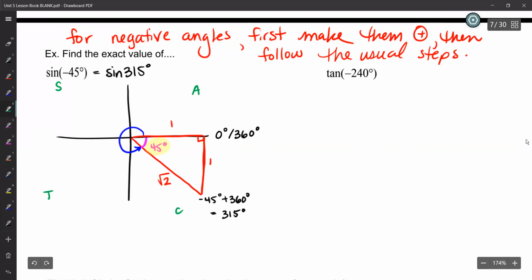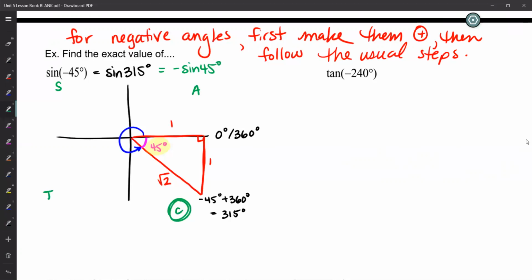Okay, so cast, starting with C in the fourth quadrant, always working counterclockwise from there. So if I'm in the cosine quadrant, what do I know about the sine of an angle in the cosine quadrant? It's negative. So this should be equal to the negative sine of 45 degrees, the reference angle.